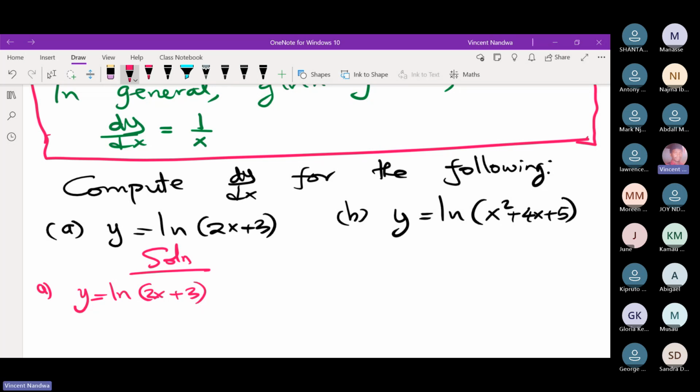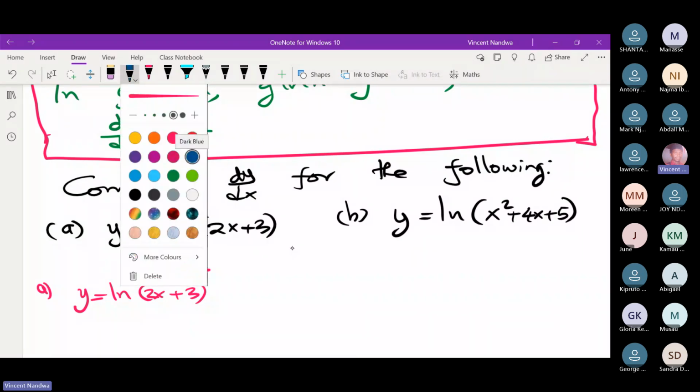How do we begin? What will be the starting point?